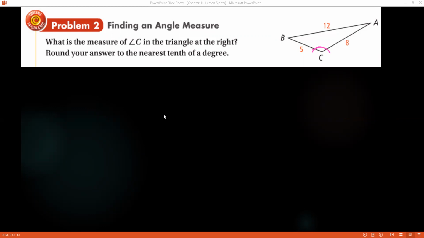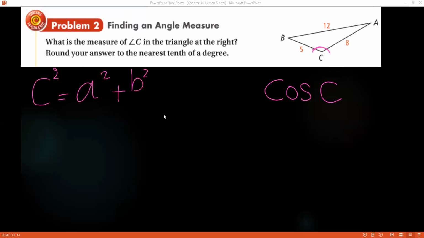Since I want to find angle C, I have to write cosine C. That means if I end with C, I must start with C. So C squared will be A squared plus B squared minus 2AB cosine C.